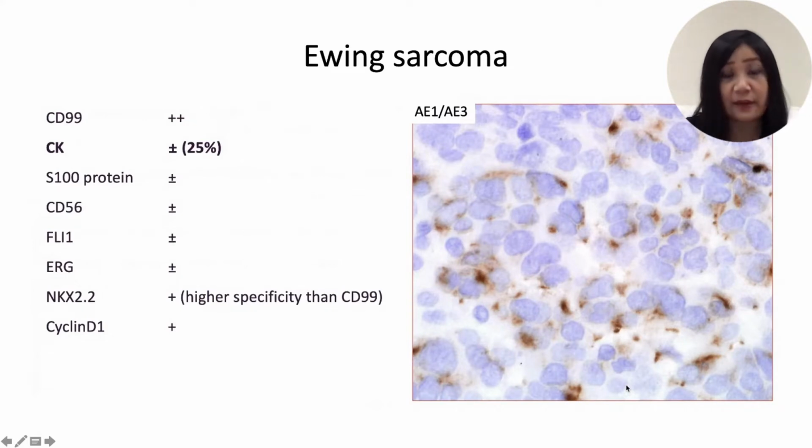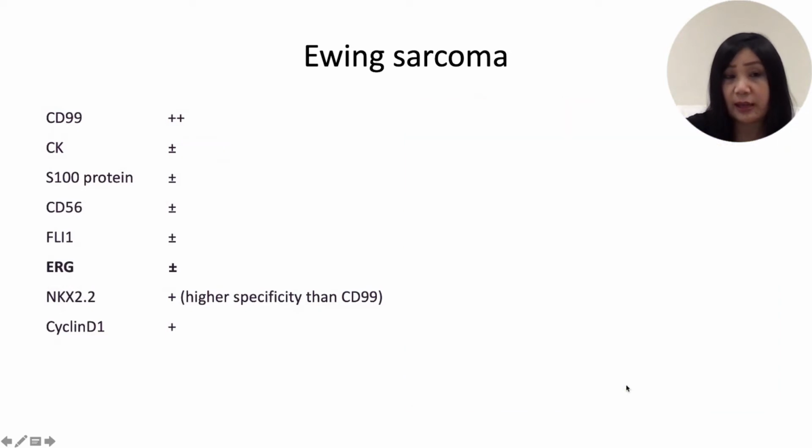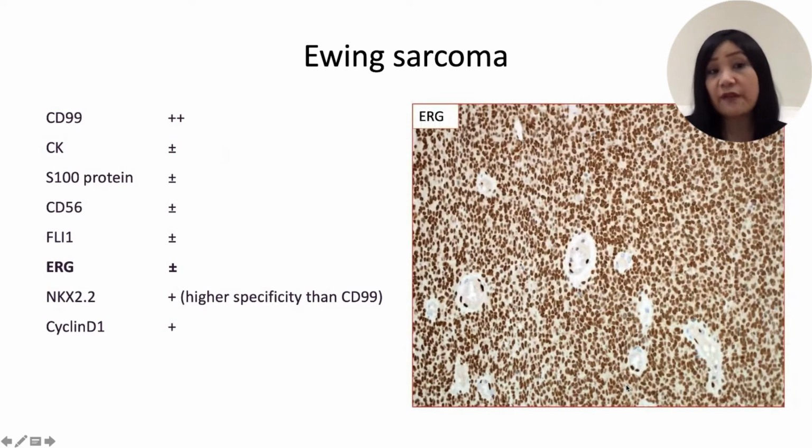So keratin is variably positive in 25% of Ewing sarcomas. We can see dot positivity here, but it can be diffuse and strong, and it can mimic, especially when Ewing sarcoma occurs as a primary neoplasm in the viscera, it can mimic small cell carcinoma. There's variable S100 protein, variable neural marker expression, and also variable FLI1 or ERG.